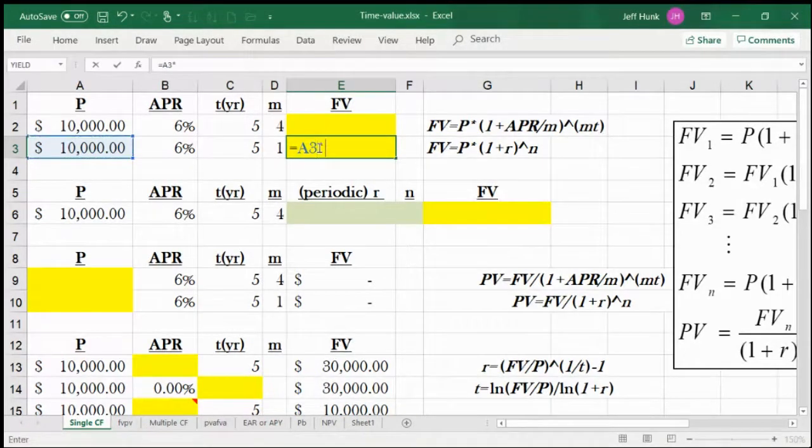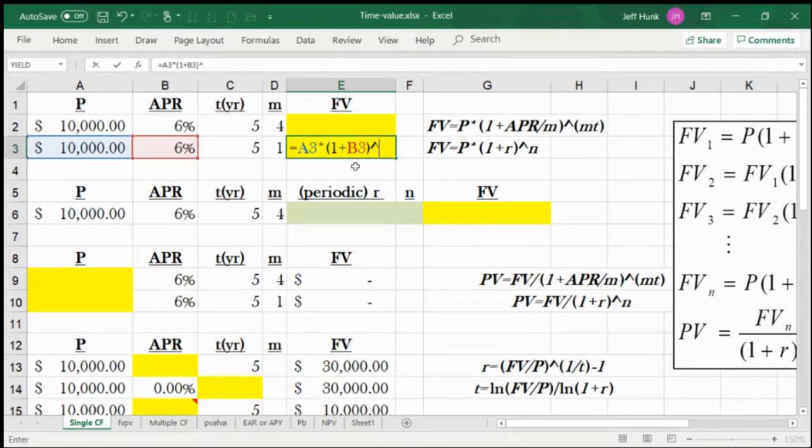And then times, open parenthesis, 1 plus r, raised to APR. We talked about this at the beginning of the semester.